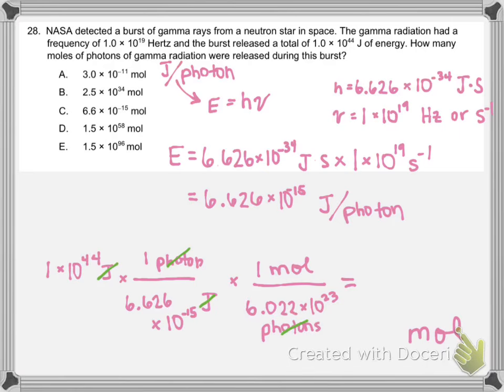And then we do the computation. That value ends up being 2.5 times 10 to the 34 moles of photons, or answer choice B. This is a lot of photons, which makes sense though because that was a lot of energy in the pulse.